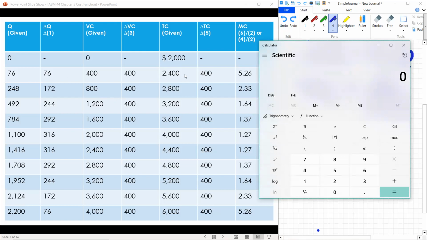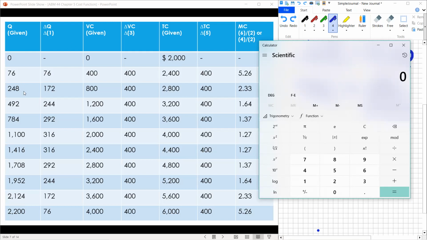And we have the given here, 24 minus 20, that would be 400. So 400 divided by 76. The answer would be 5.26. So as you can see, that is our marginal cost. That's how you look for marginal cost again. Present minus previous. Okay, so let's continue.